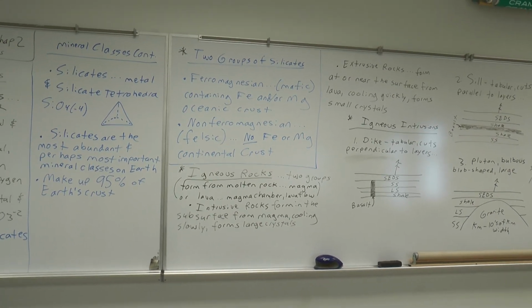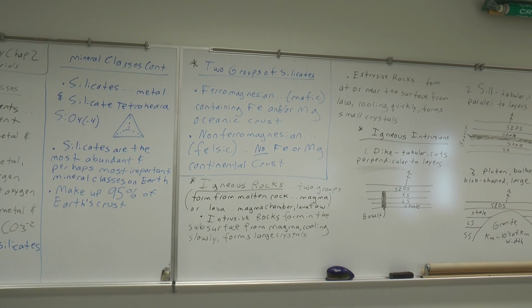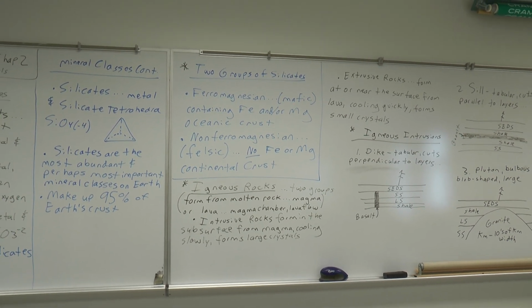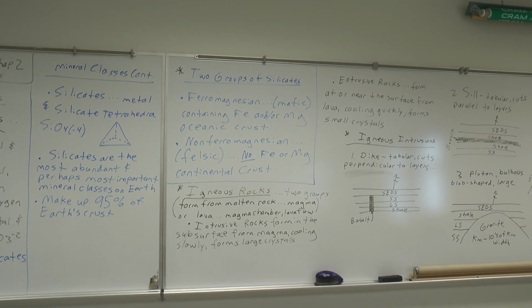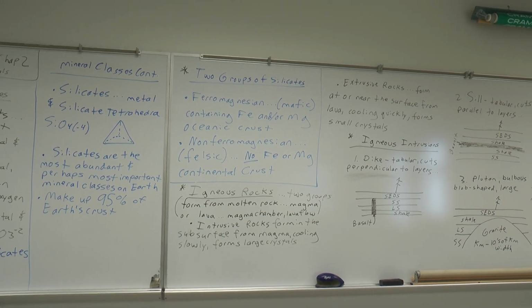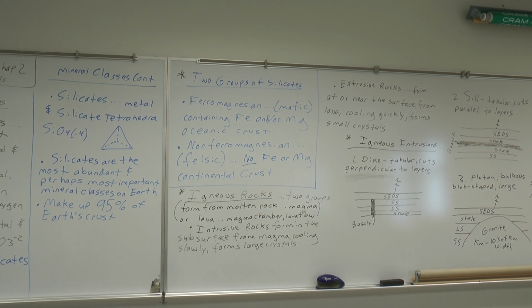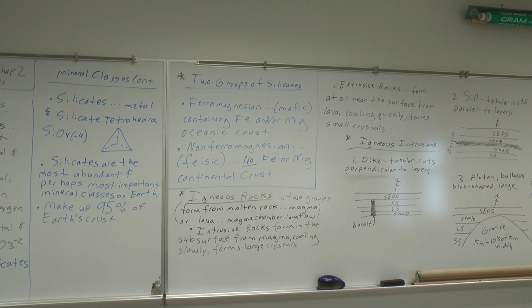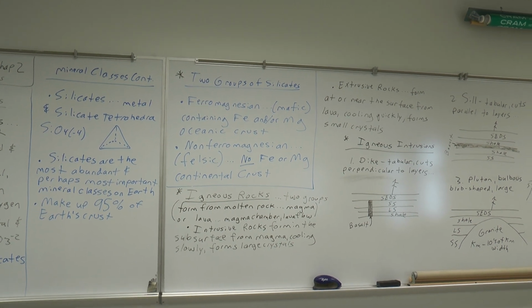Now we're moving to the black marker again, and we're going to do a quick snippet of igneous rocks. So igneous rocks, so where do they come from? Well, they're forming from molten rock, okay? And that molten rock is described either as magma or lava, okay? If it's below ground, it's magma. If it's at the surface, it's lava.